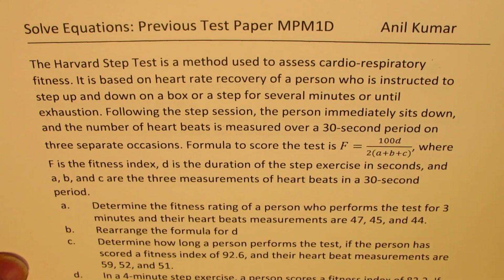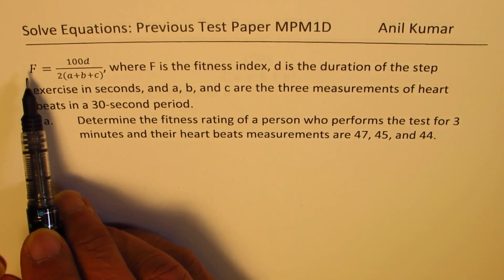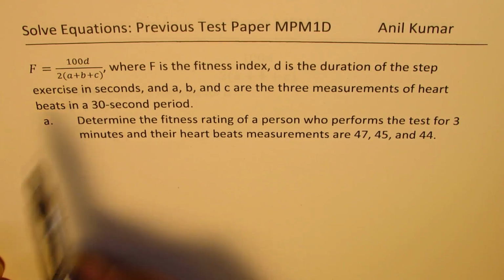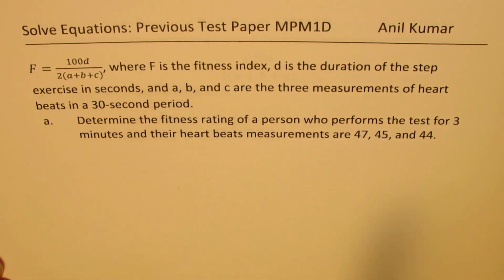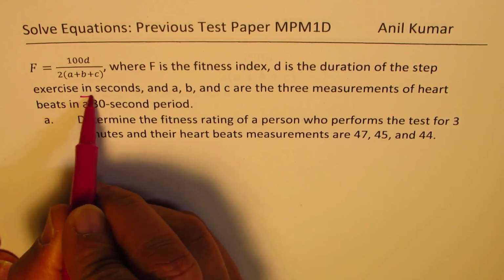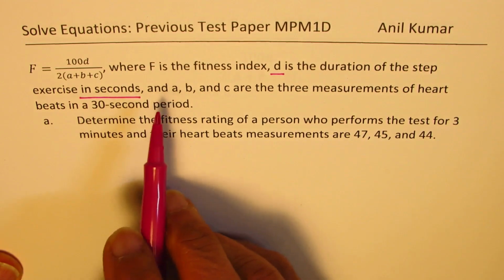Let us see how to answer the very first question, and then we'll take up the other three. So we are basically given a formula for fitness, F equals 100D over 2 times A plus B plus C, where F is the fitness index, D is the duration of the step exercise in seconds. So the unit for D is seconds.